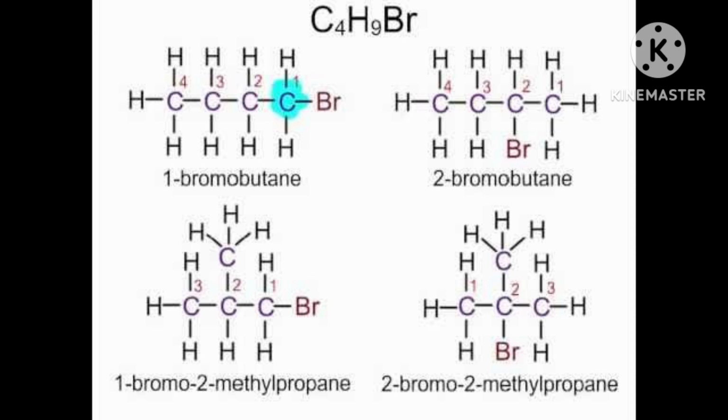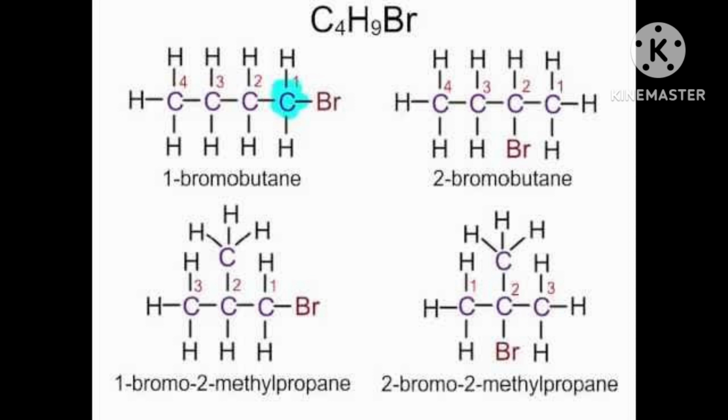With the second carbon CH3, CH, CH2, Cl. With the middle carbon CH3 is attached. That's why its name is iso. But total 4 carbons are there, and Cl is attached.